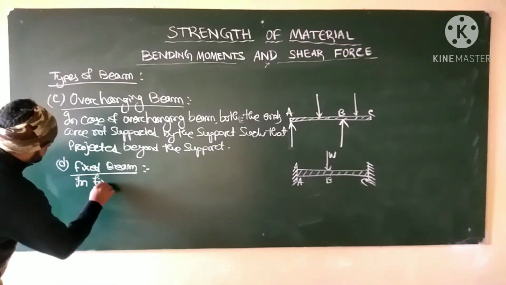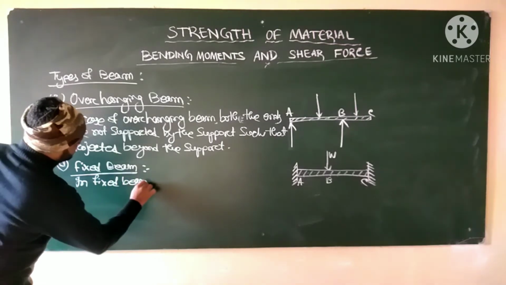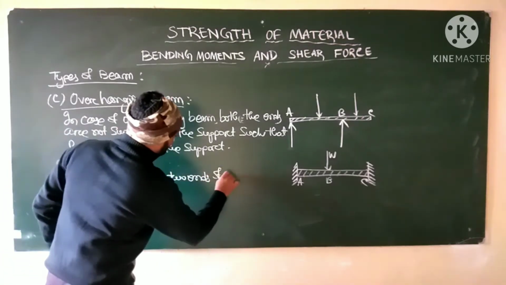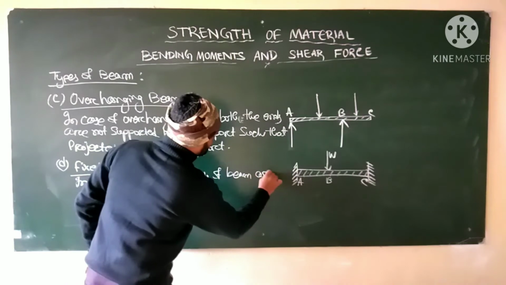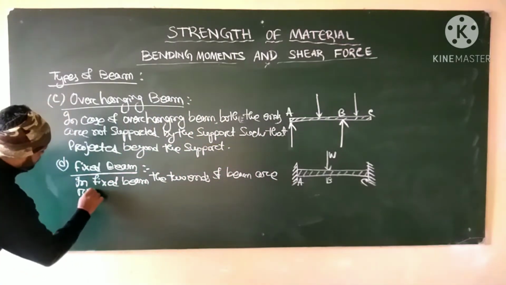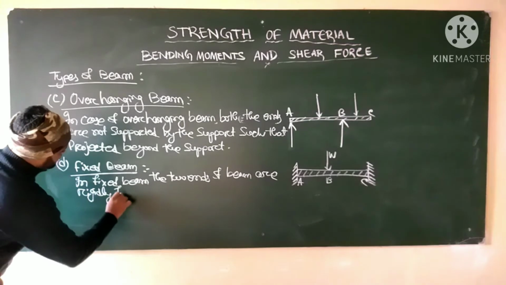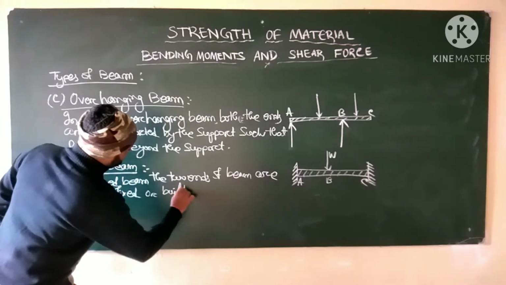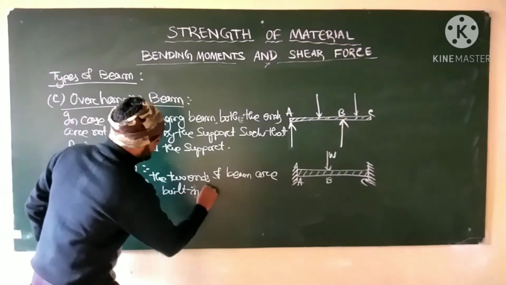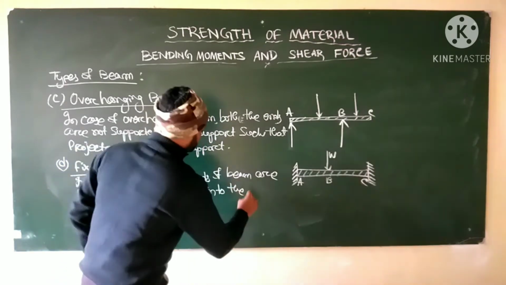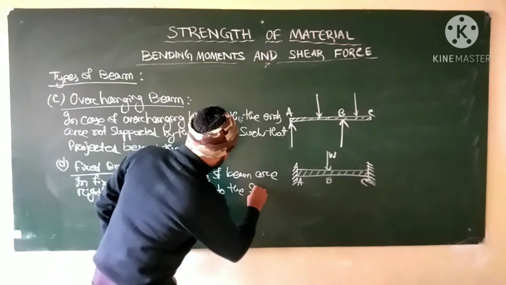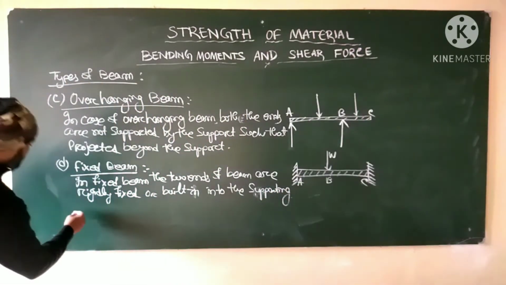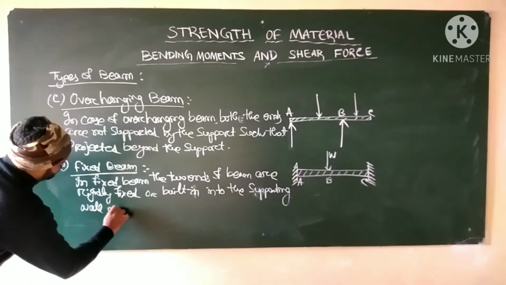In a fixed beam, the two ends of the beam are rigidly fixed or built into the supporting wall, or you can say column.